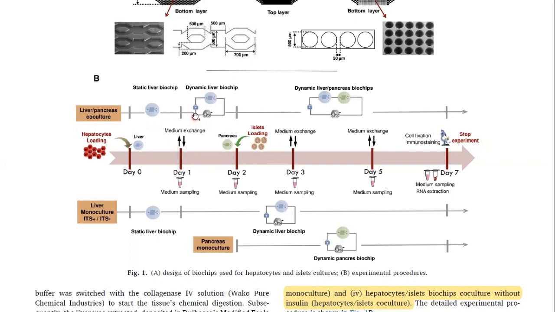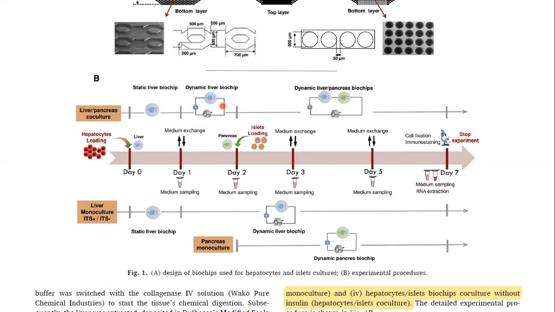It is composed of the culture medium tank that acts as a bubble trap, a peristaltic pump, and 1 or 2 biochips, depending on the approach that we are using. The peristaltic pump, the biochips, and the medium tank were connected using 0.65 millimeter interior diameter silicone or Teflon tubing.